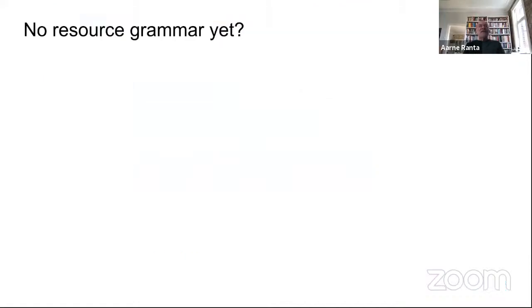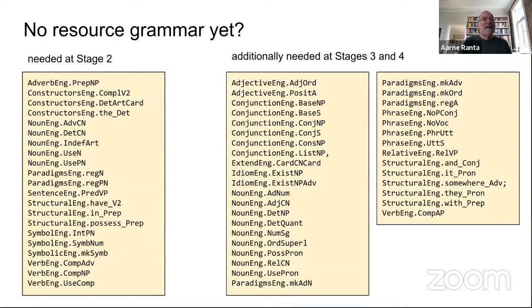What if there is no resource grammar yet? We only have about 40 resource grammars and we are aiming at 300 languages. The good news is that you don't need the full resource grammar to do what was shown here. I produced a list of those resource grammar functions that were actually used when you resolve the overloading.